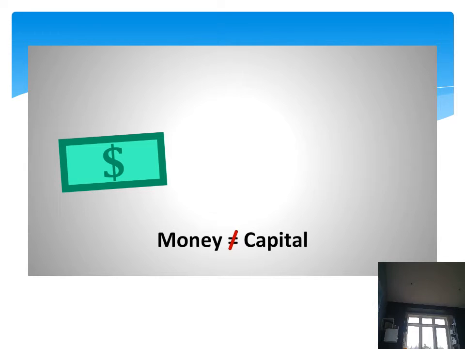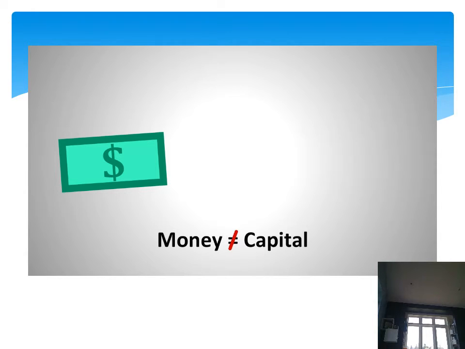It is understandable that some of us may find this confusing because we often hear news commentators referring to investment capital or financial capital as money. Yeah, in fact, in our everyday lives, we often equate money to capital. However, money is not an economic capital.